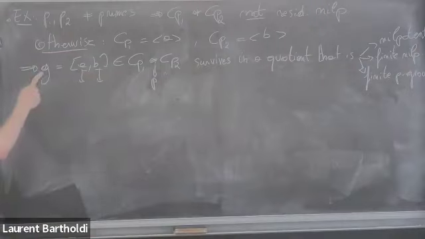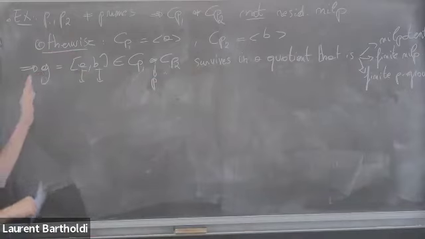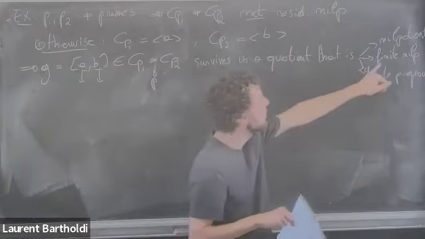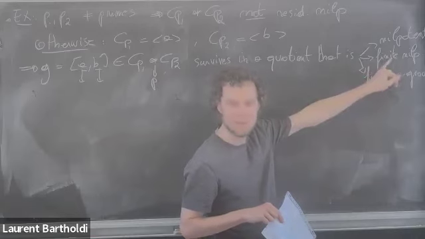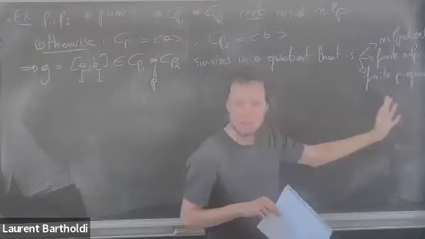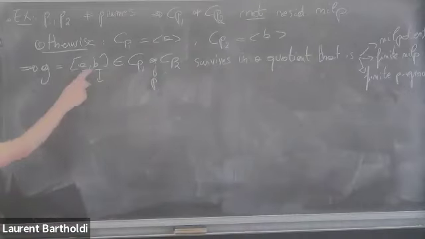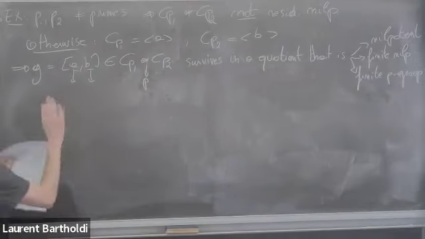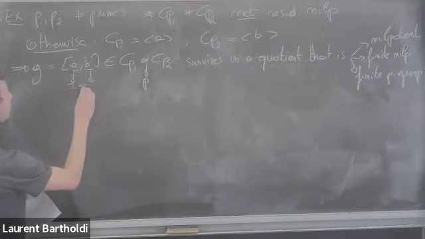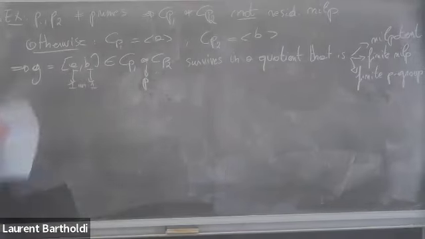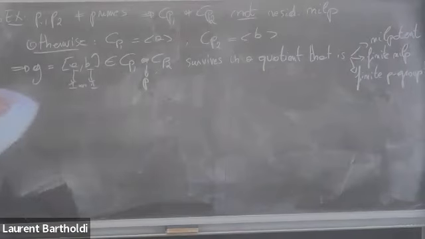Here I fix my element, the commutator, so it will survive for some p. But for this element, at least one of A and B will be mapped to the trivial element, and so G cannot survive.